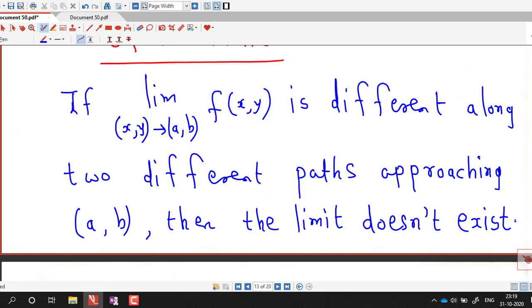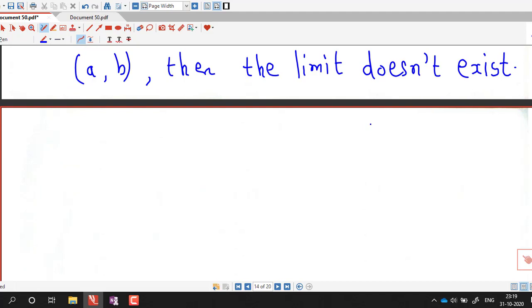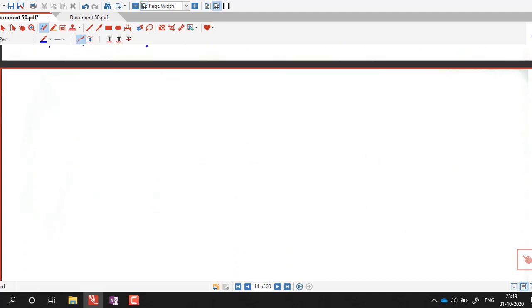Okay, so now we discuss how to show that a limit does not exist using this two-path test for non-existence of a limit. So we consider one example.